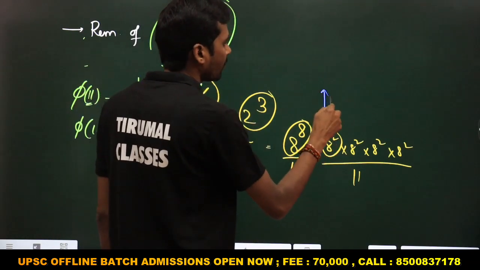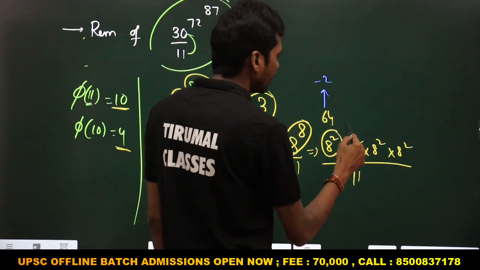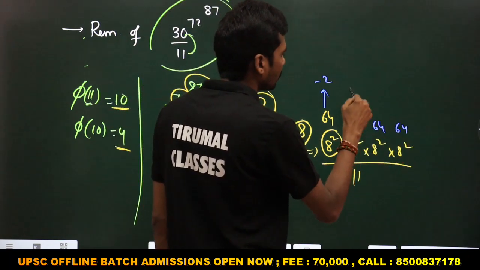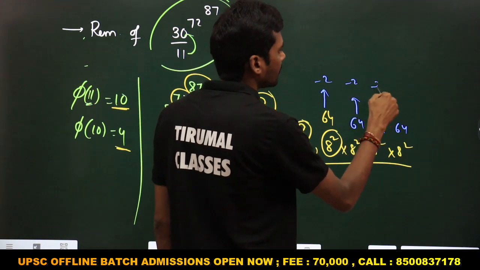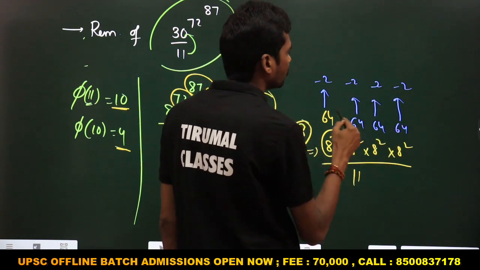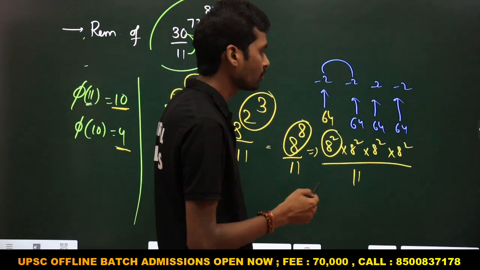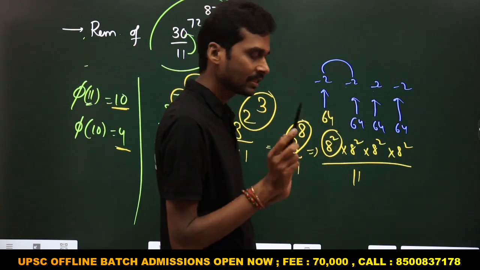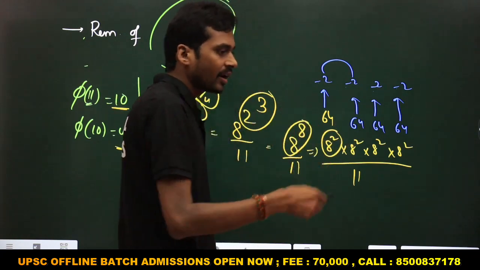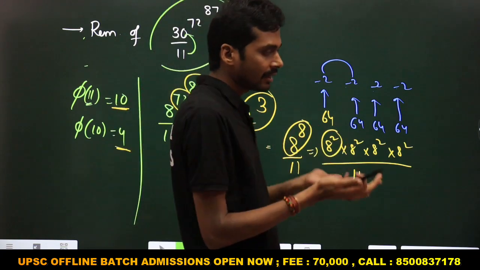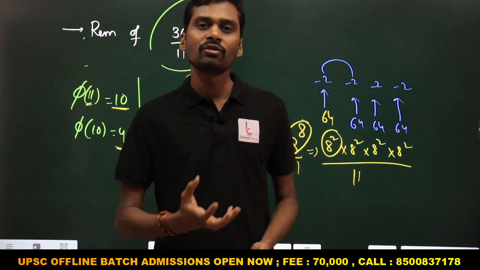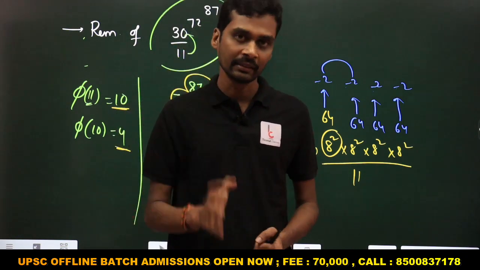Each time I get 64, I get minus 2. Minus 2 into minus 2 is plus 4. Minus into minus is plus. So even if I take negative remainders, finally I'll get the positive remainders also. For simplification purposes, you can take negative remainders.